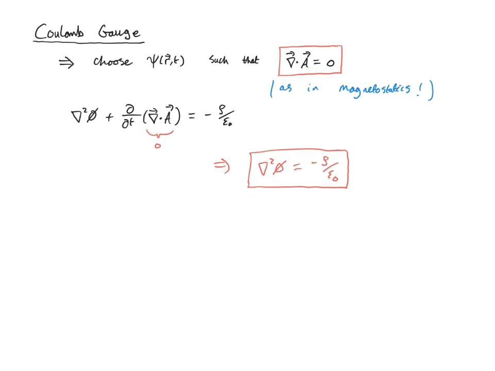But unfortunately, there's a bit of a catch, which is that we can't actually derive anything directly knowing only the scalar potential. We need both the scalar potential and the vector potential to work out the electric field, and the magnetic field is related to the vector potential. So solving this equation is not enough on its own to find physical observables. We also need to think about the vector potential.